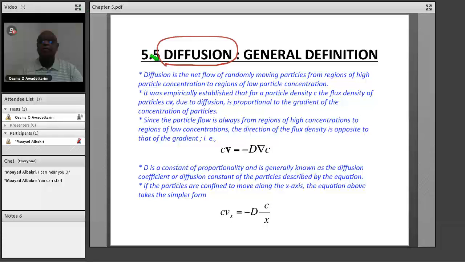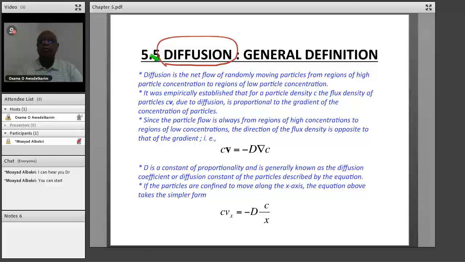The second is diffusion. And diffusion simply means that you have particles in a solution. This solution could be a liquid, or this solution could be gas. You have particles, and the concentration of particles is not uniform. So you have regions where you have higher concentration of particles compared to other regions where you have lower concentrations.